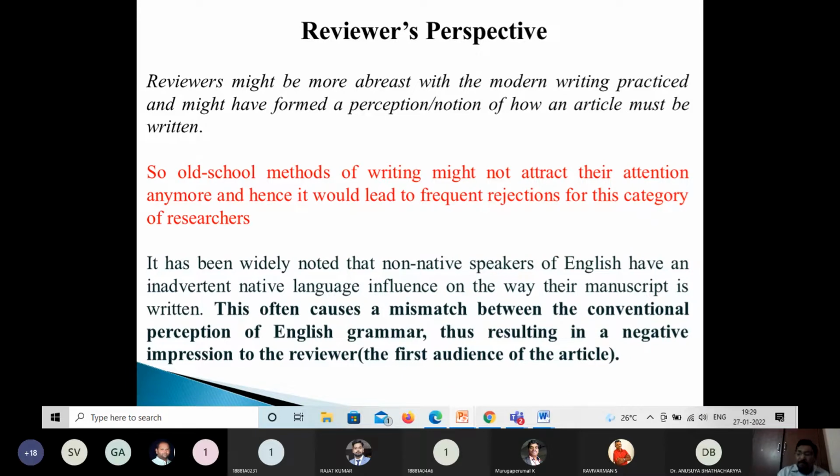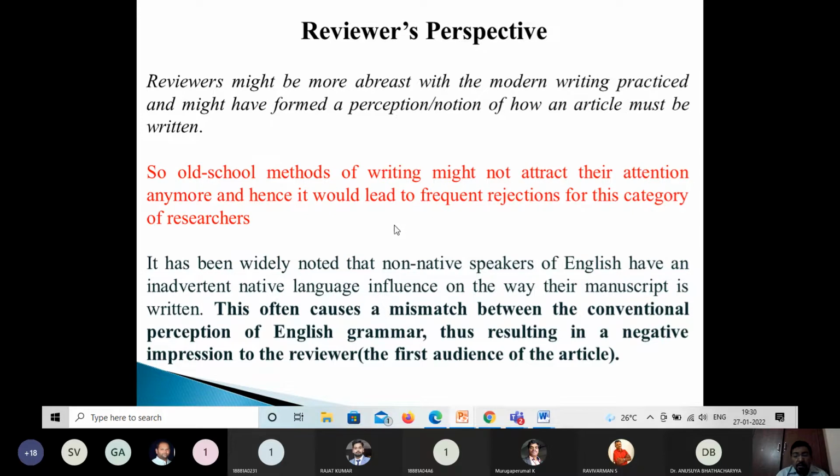Obviously, any reviewer for a particular journal is already abreast with the modern style of writing and how an article must be written. That is the reason why previously I was talking about what the sections are and how we go about with the sections.